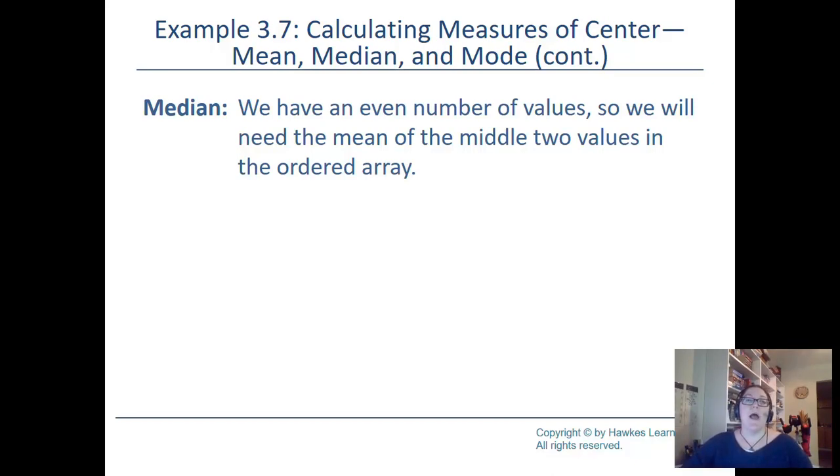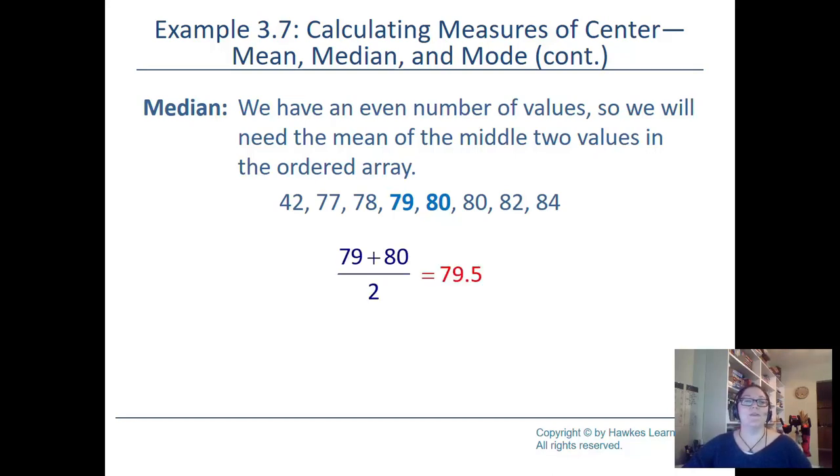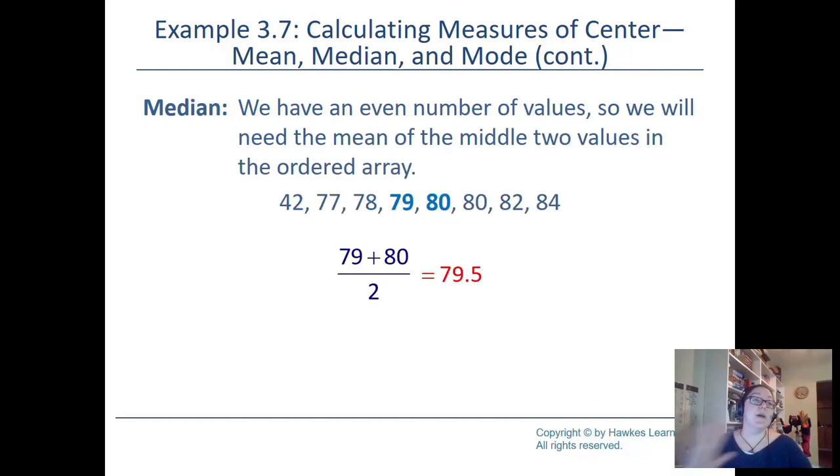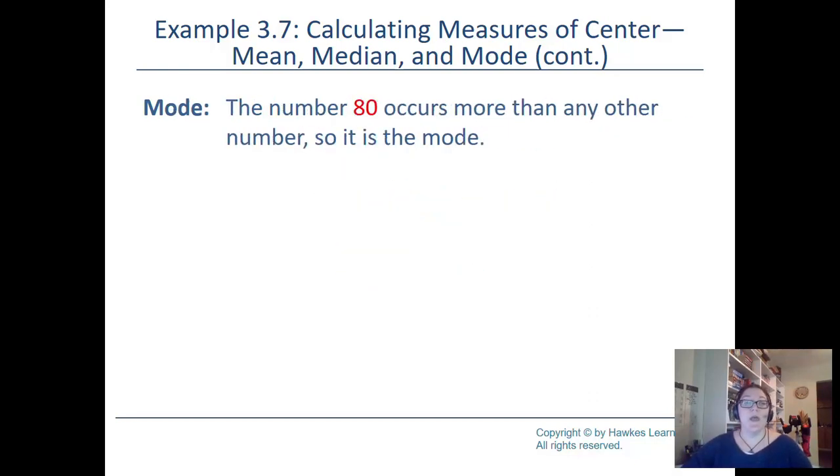I noticed that we had 8 data points, so when I put them in order from smallest to largest and there's an even amount, I am going to take the 2 middle ones, which are 79 and 80. I'm going to add those together and divide by 2, and we get 79.5 as my median. Again, the calculator will help you out with the median if you need to.